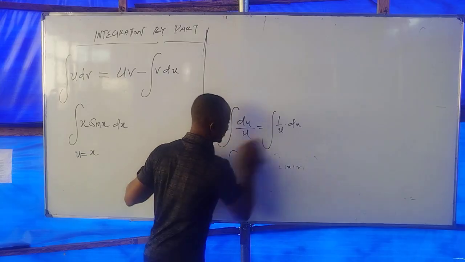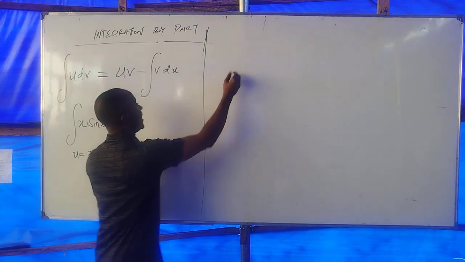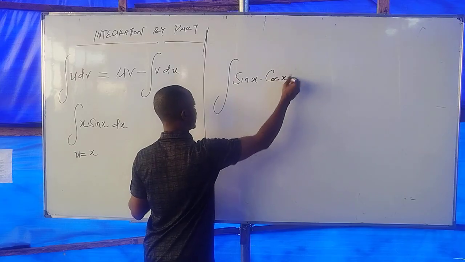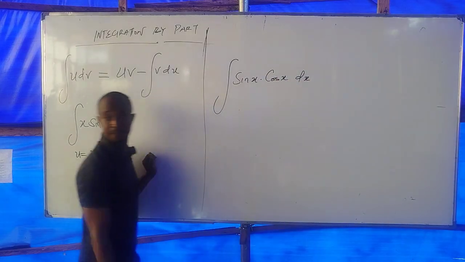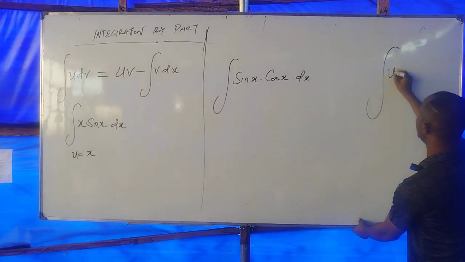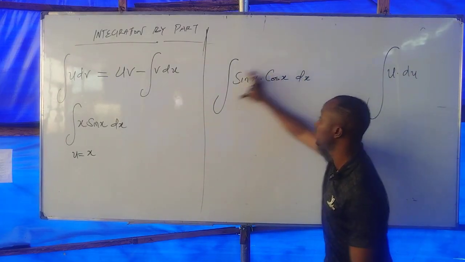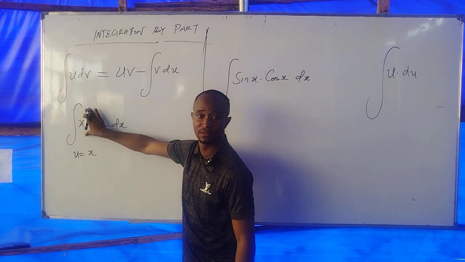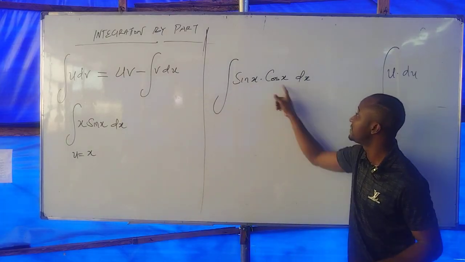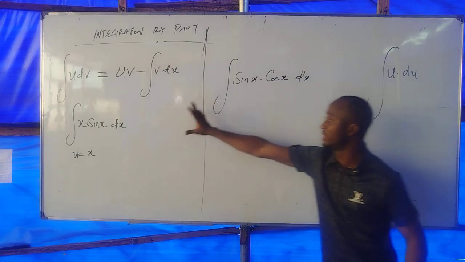Let me show you something. If I have the integral of sine x times cos x dx, the form here is the form of u du. If I have this, I cannot use by parts to solve it.